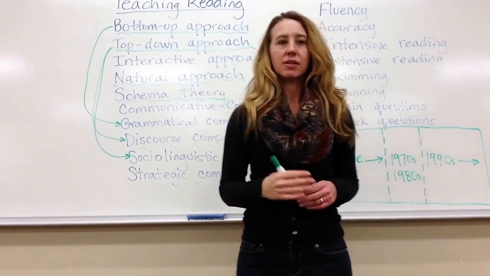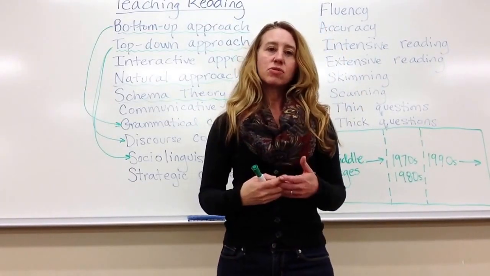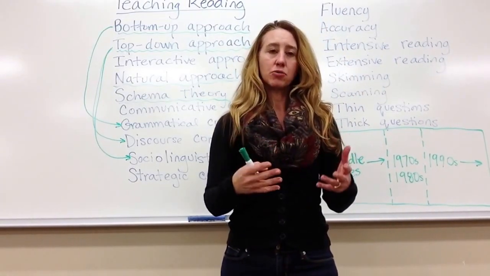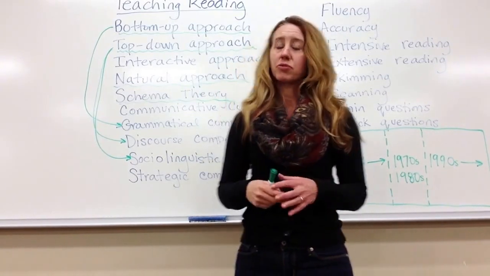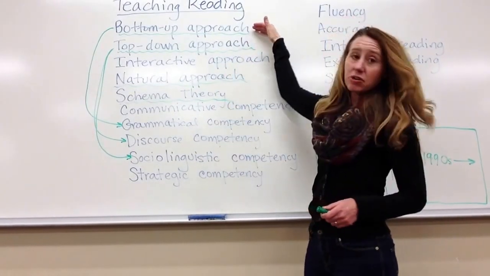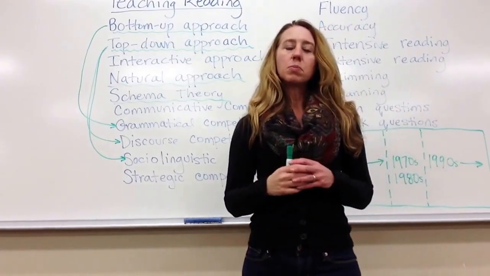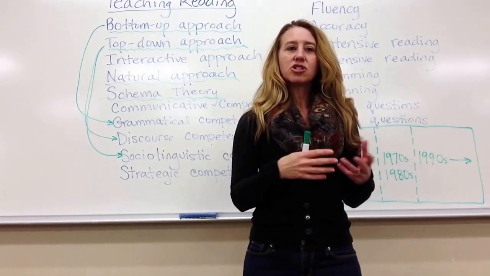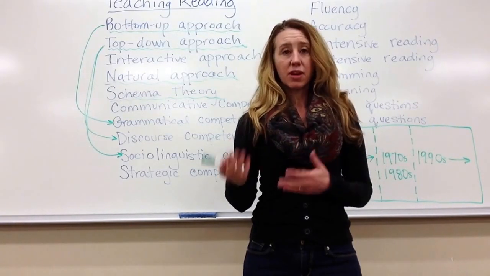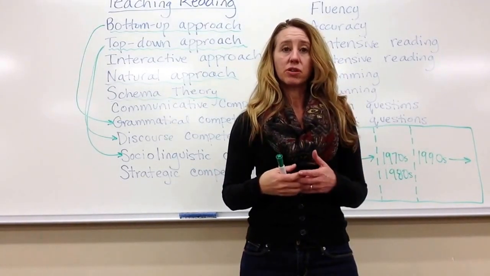And suddenly, the way that students were being prepared for or supported through a reading included very little at all of the bottom-up approach. People all but abandoned the teaching of grammar and vocabulary before someone read.